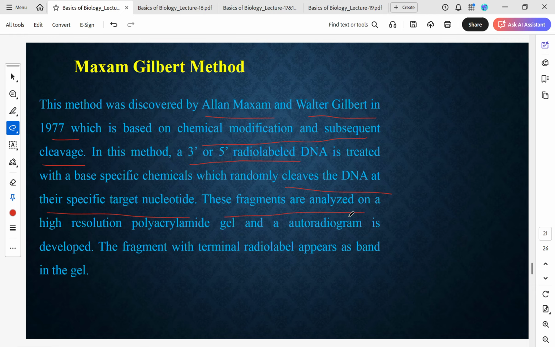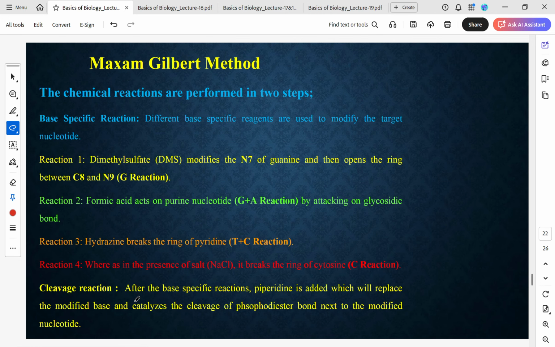These fragments are then analyzed on a high resolution polyacrylamide gel and an autoradiogram is developed. The fragment with terminal radiolabel appears as a band in the gel. These base reactions are also performed in multiple steps, and different reagents give us an idea of what the bases are.